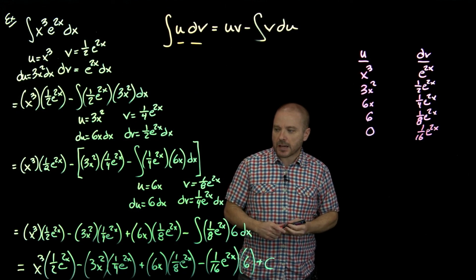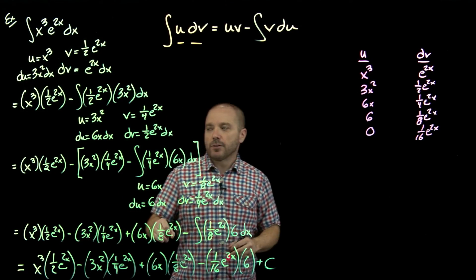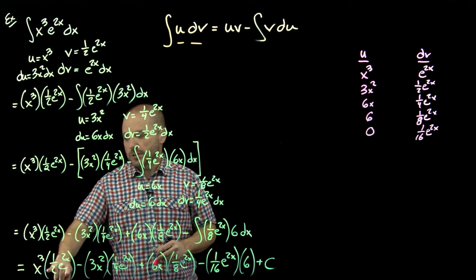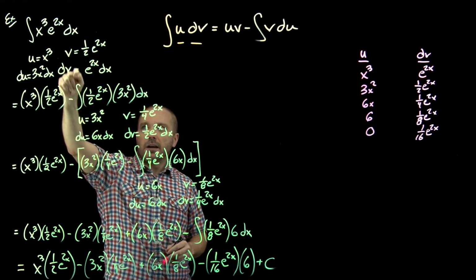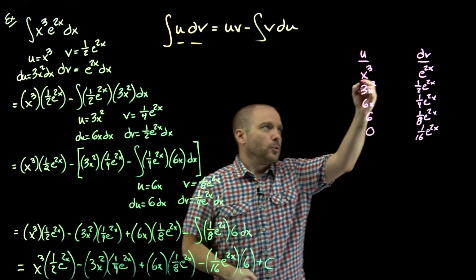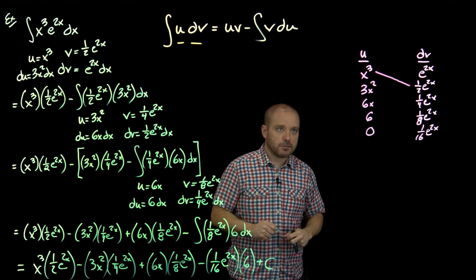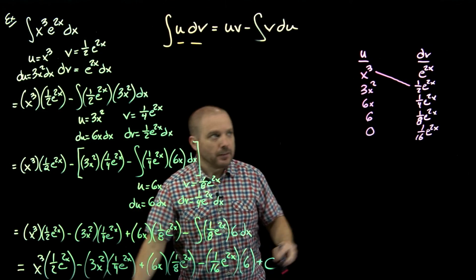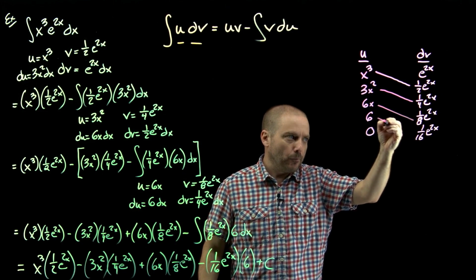And now how did these guys end up paired up in our answer? Well, the very first pair that you generate is u, not times dv, but times v. So it's your original u pairs up with that first antiderivative, right? Then the derivative of that pairs up with the next antiderivative, and so on.